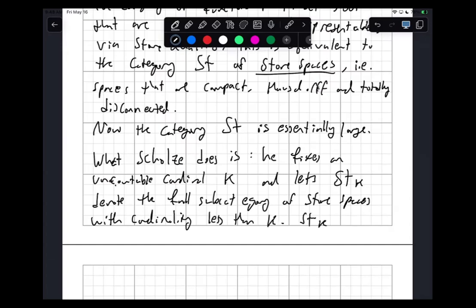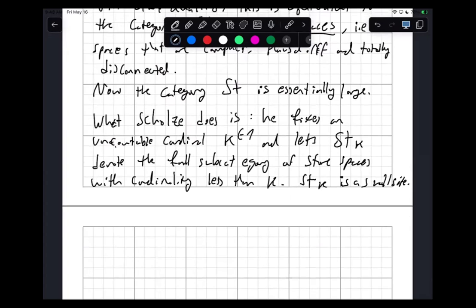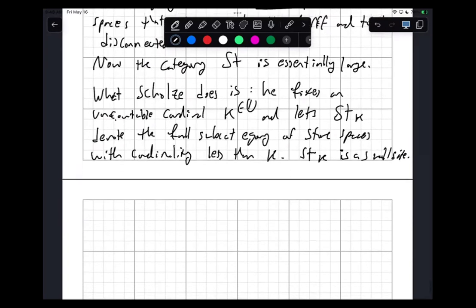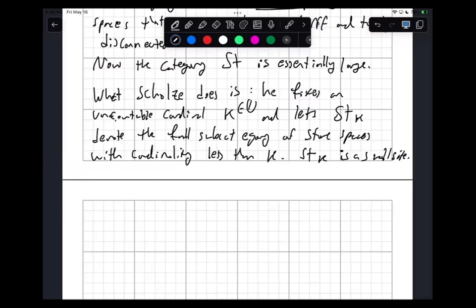Each of these is a small site, and the cardinal obviously has to be in U. It's a small cardinal. Then he gives it a coverage J, and it's actually a Grothendieck topology called the coherent topology.